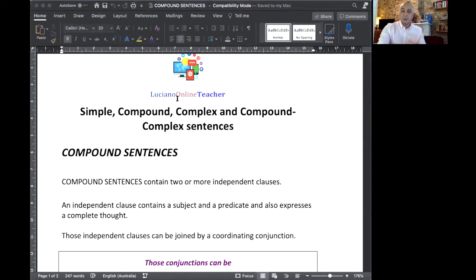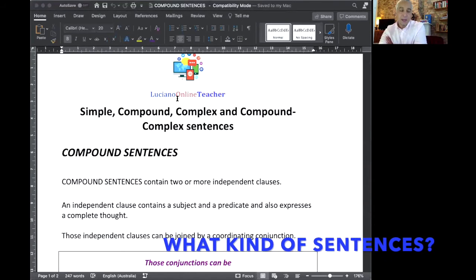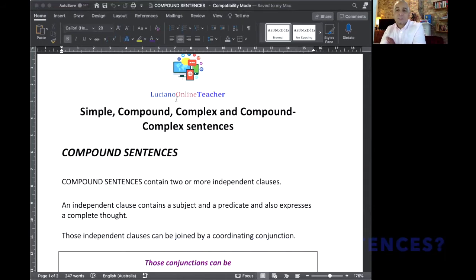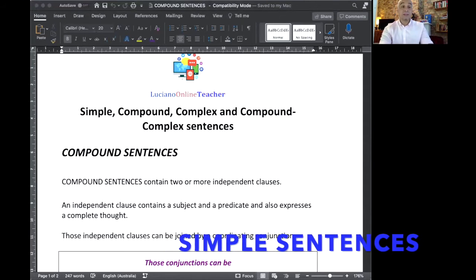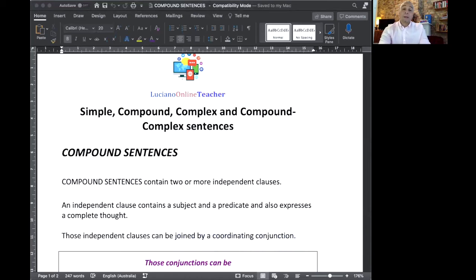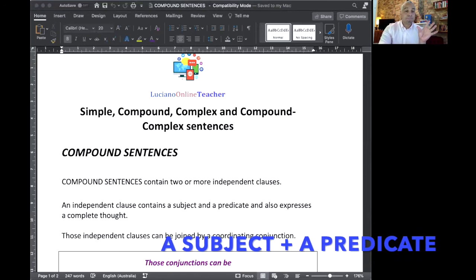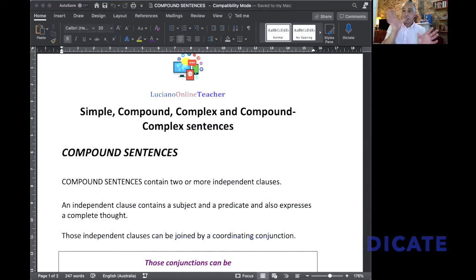So in our first video about sentences to get a higher score in the IELTS test, we talked about simple sentences. We said that a simple sentence contains a subject and a predicate, and it is also a complete idea.